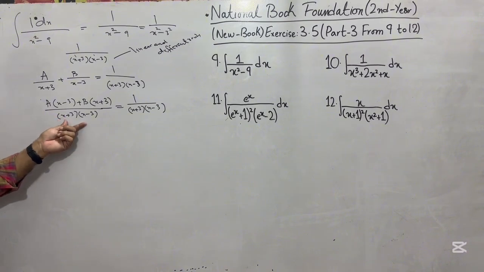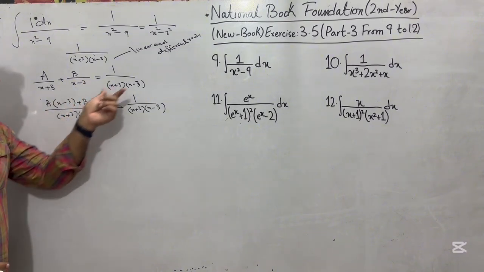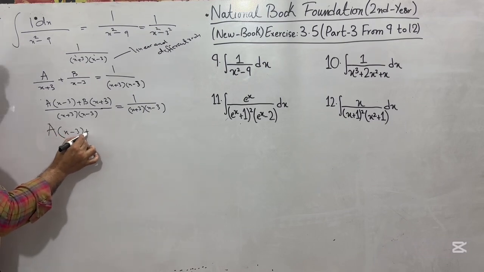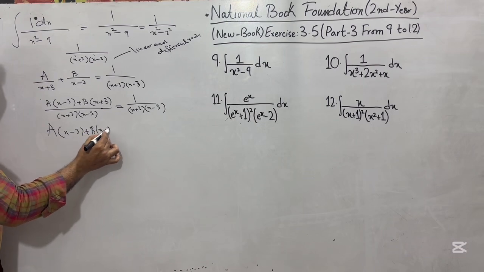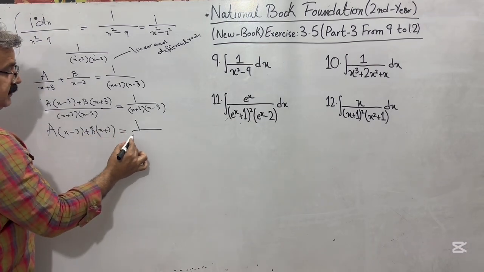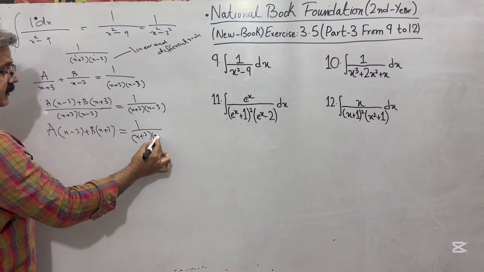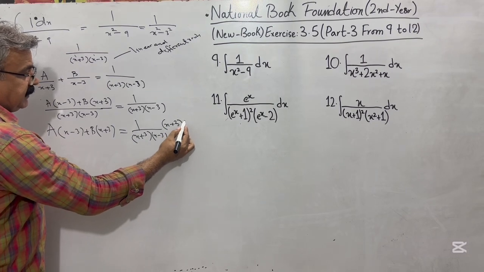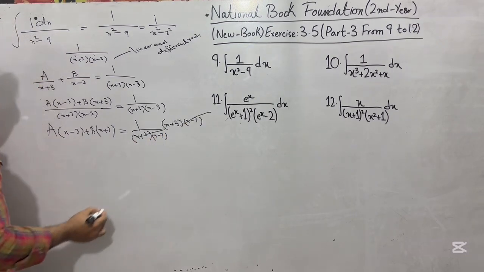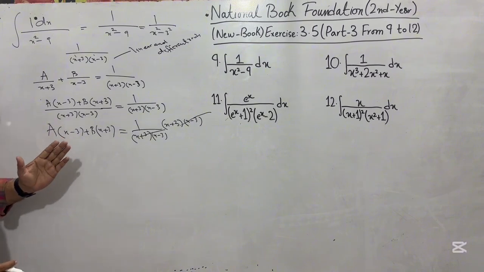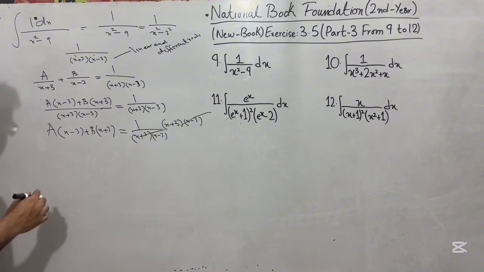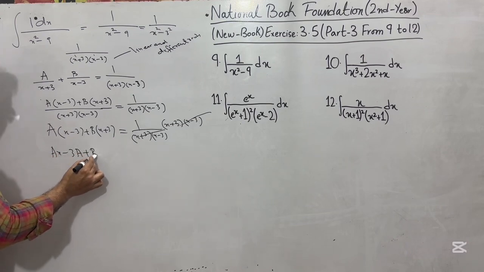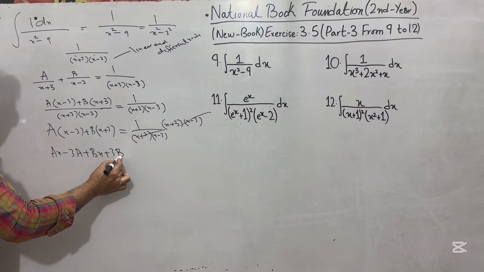Moving this from left to right, from division to multiplication, x plus 3 times x minus 3 cancel out, we have 1. Multiplying throughout and collecting the like terms, it becomes a times x minus 3a plus b times x plus 3b is equal to 1.